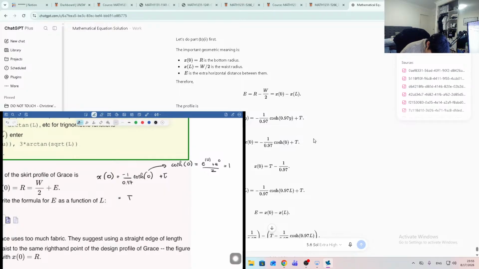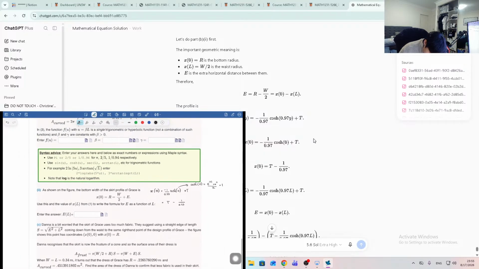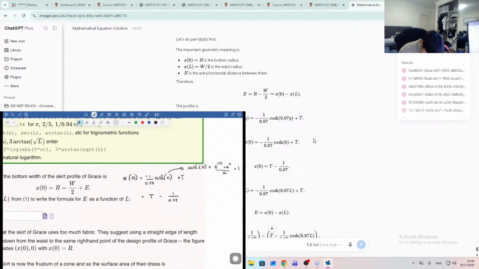So this is equal to t minus 1 over this. Right. Which is equal to what?